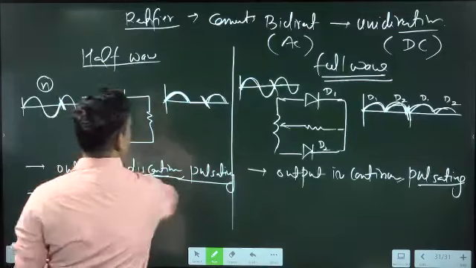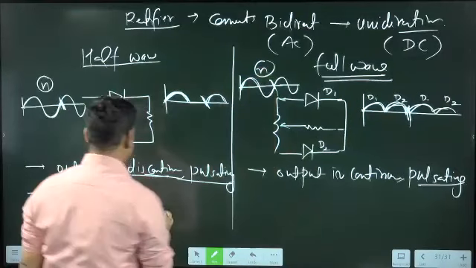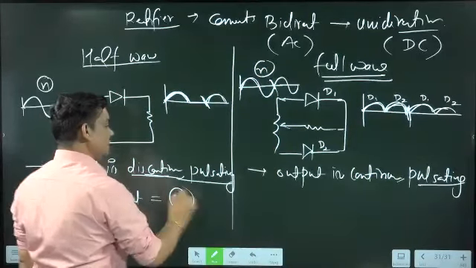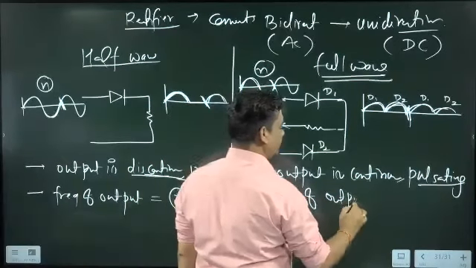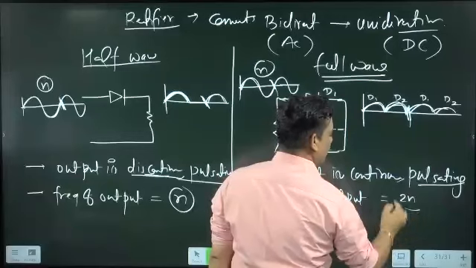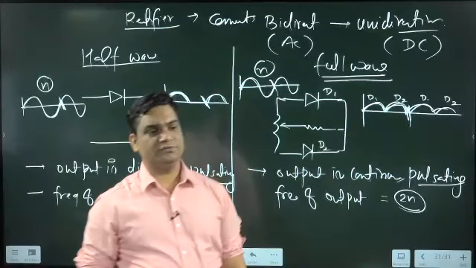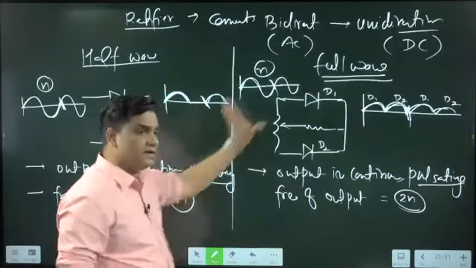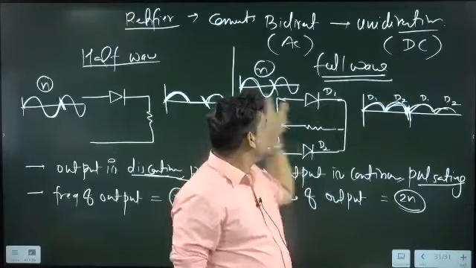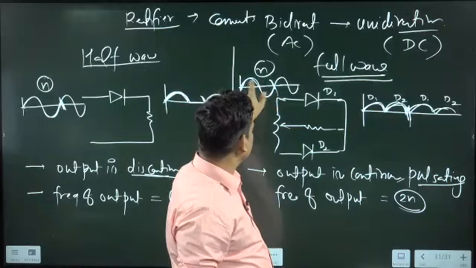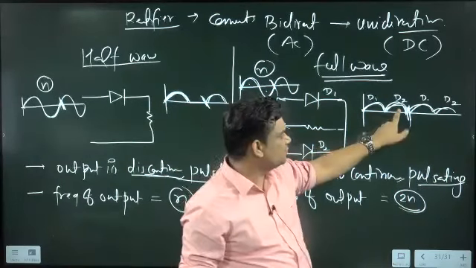If the input has frequency N, then in half wave the output frequency is N, but in full wave the output frequency will be 2N. Remember this about the frequency: N here and 2N here, because both positive and negative come, so the negative also becomes positive.